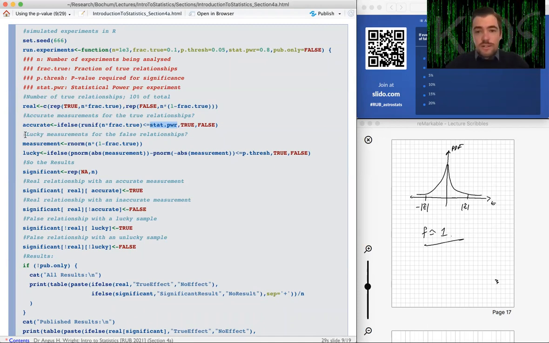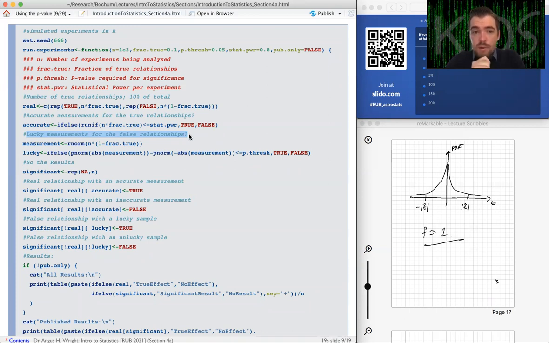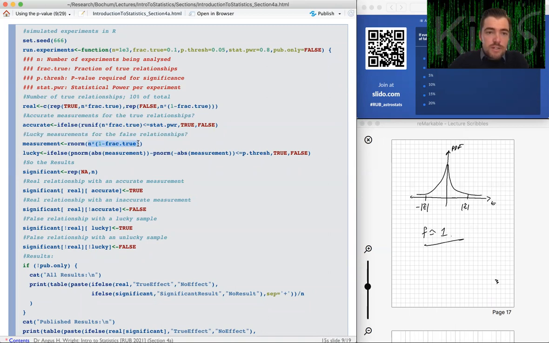What about the rest, though? What about all of the measurements being done on false relationships, on relationships that actually follow the null hypothesis? Well, there is n times 1 minus the true fraction, so 90%. So n times 90% of those are actually measured. Let's assume those measurements are a Gaussian around 0, where 0 is the null hypothesis.